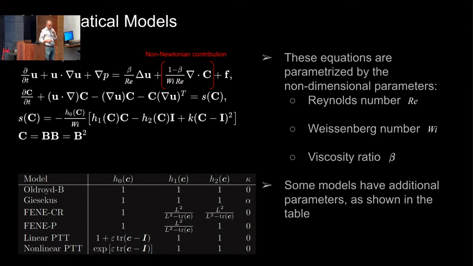It's important to highlight this part where C can be decomposed using this tensor B, okay? Because C is a symmetric positive definite matrix, and we can decompose it exactly like this. We have some parameters. If you look here in the table, we can observe parameters related to different models, but basically we include the information of the mathematical models in our methodology.